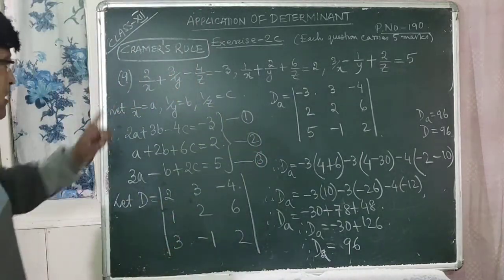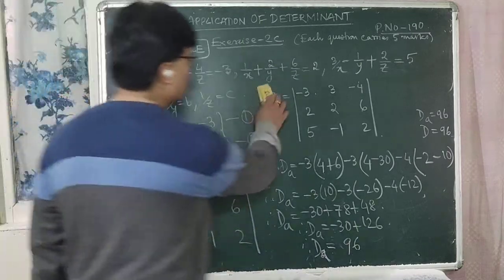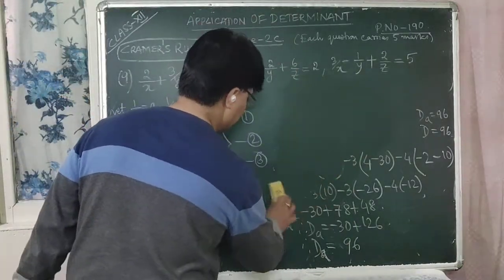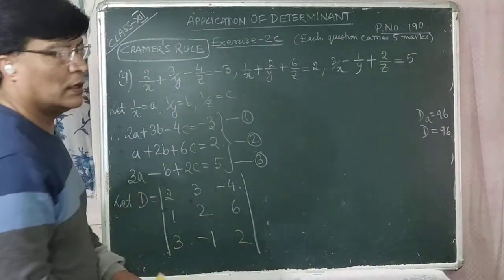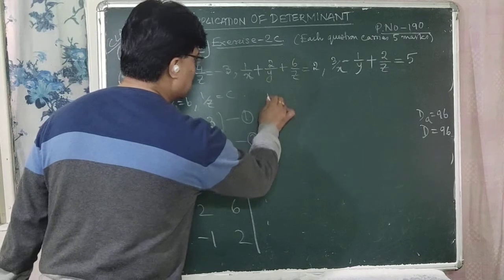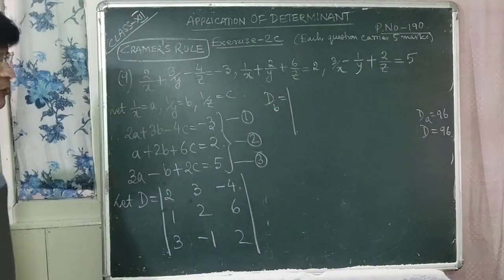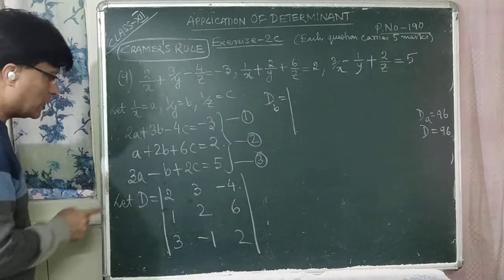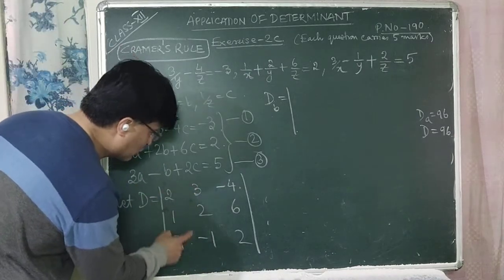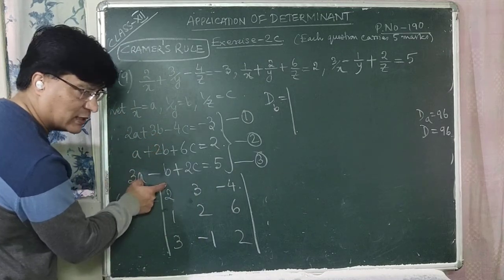So let us find out dB now. That is determinant dB, right? So now, how can you find out the determinant dB? Now, dB means, what is determinant dB now? So you know that these 3, 2, minus 1 are the coefficients of B in this equation, isn't it?